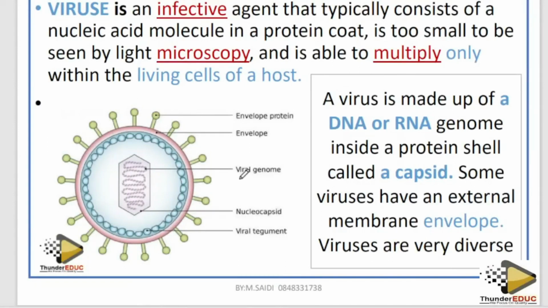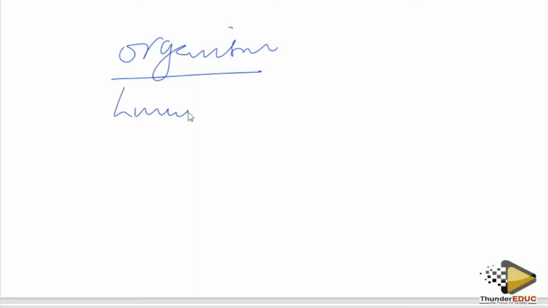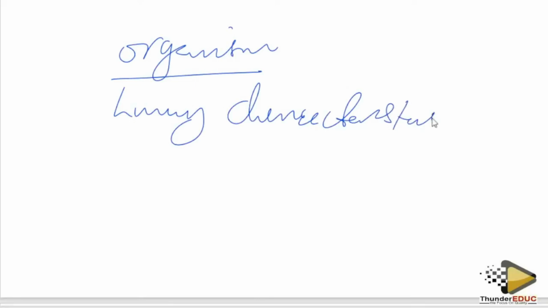Properties of a virus: the living properties and non-living properties. Don't forget that a virus is not classified as an organism. A virus has some living characteristics, and then the non-living ones.